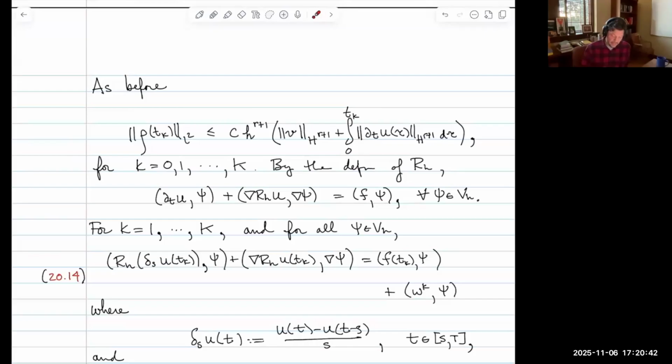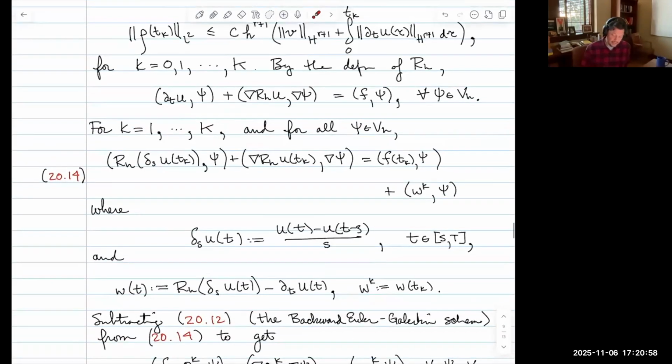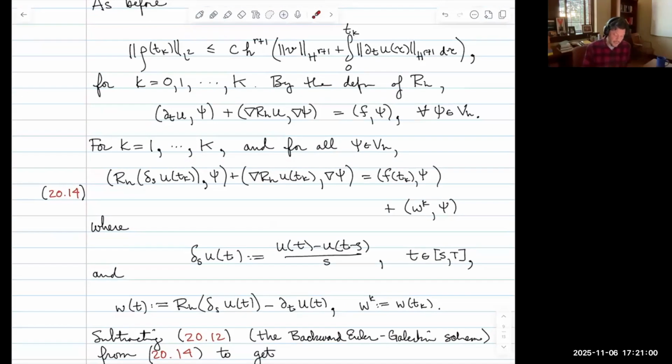Once I do that, I can replace this term, nabla u nabla psi, with this updated term, and that's due to the definition of the Ritz projection operator. Once I do that, I can change this term around a little bit, and I can get to this. So this is almost the equation that we want.